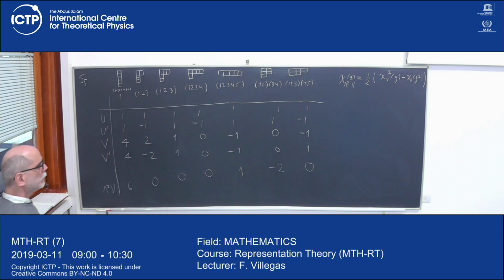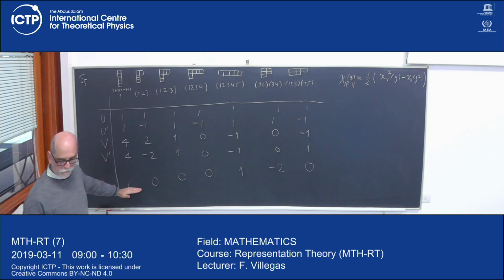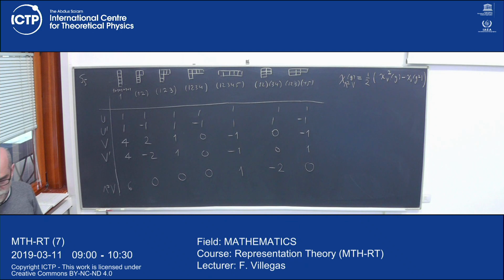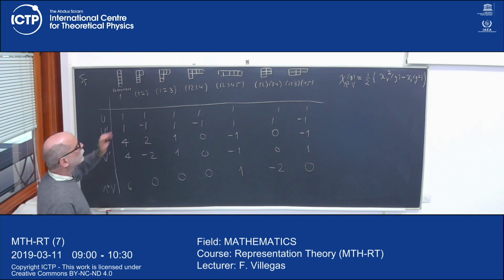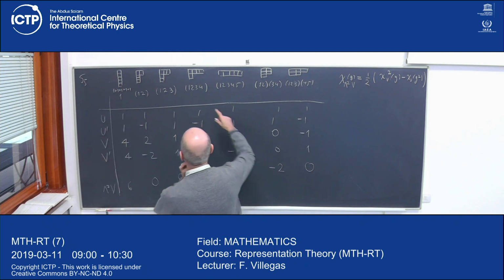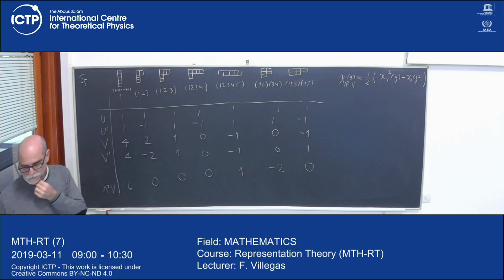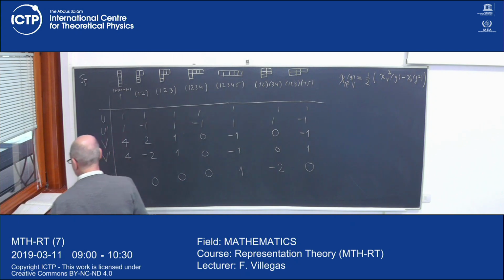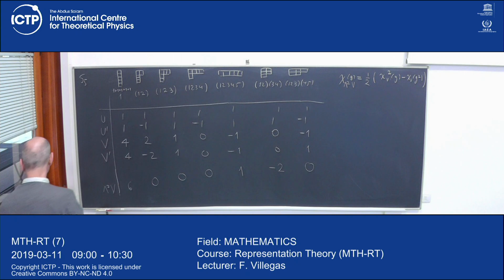So we can check that this is irreducible by hand, because we can take the inner product of this character with itself, and it should come out to be 1. To compute inner products, one thing that we need to do is compute the size of these conjugacy classes. So let's just spend a minute doing that in general. We did it for S4, although with some back and forth.